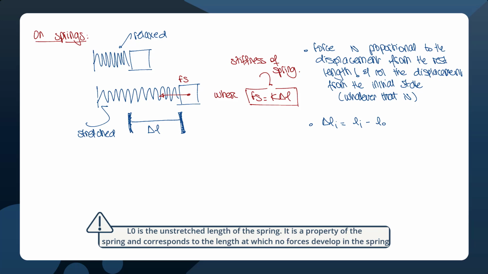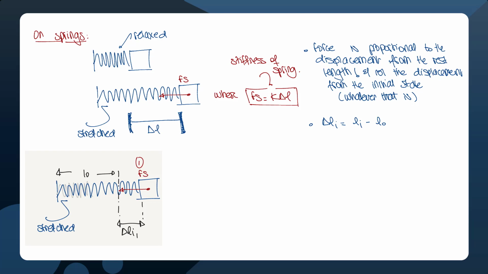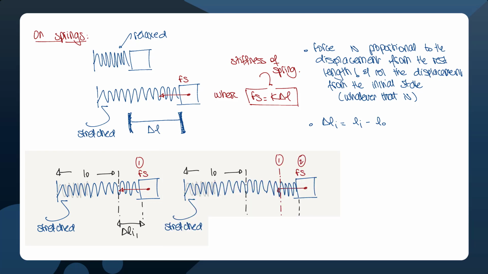Let us imagine state 1, in which the spring is stretched to a length L1, and so a force Fs1 will develop due to the stretch. Now let us stretch the box further to state 2, in which we're now looking for delta L2.